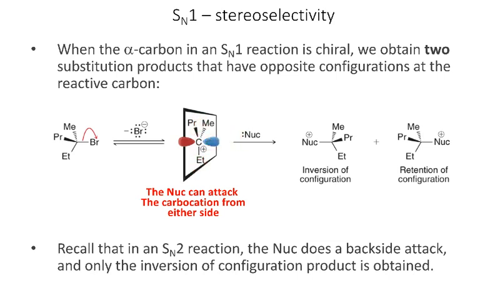In principle, it can attack either side equally, and so we actually get a mixture of both configurations, both where we retained the same configuration, which we would not see in an SN2 reaction, or the inversion of configuration, which is the same as what we'd get in an SN2 reaction. So in an SN2 reaction, we always get inversion of configuration. In an SN1 reaction, we get both products because the nucleophile can attack the carbocation from either side.